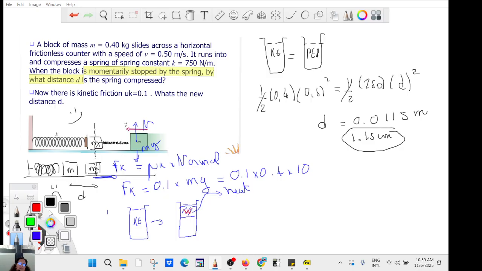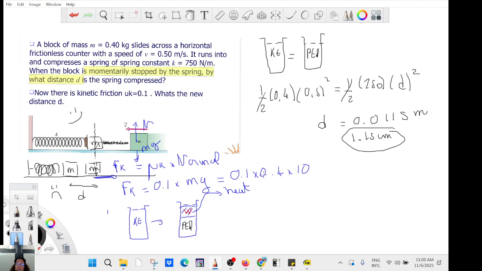At the end, what will be left is elastic potential energy when it stops. So the reservoir is losing some energy, and that equals the work done by friction, and at the end you are left with elastic potential.